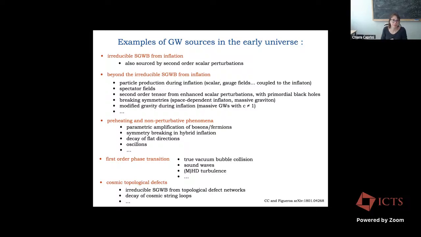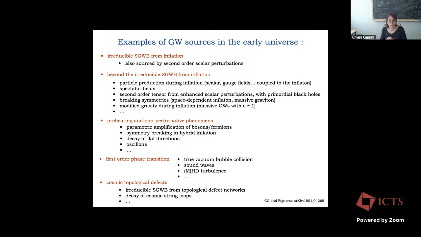Decay of flat directions as well: if you have many fields that have a flat potential, but at some point start to be dynamical when their mass becomes comparable to the Hubble scale. One can have strange configurations called oscillons, etc.